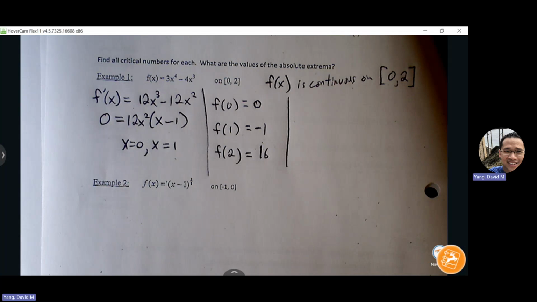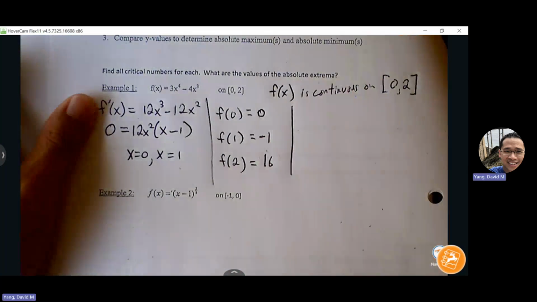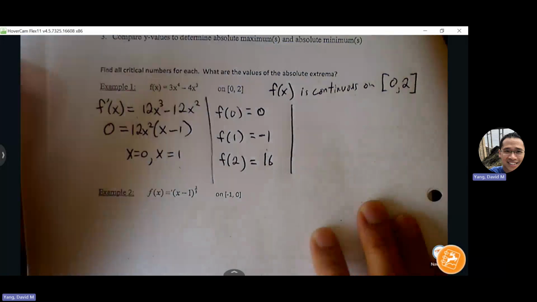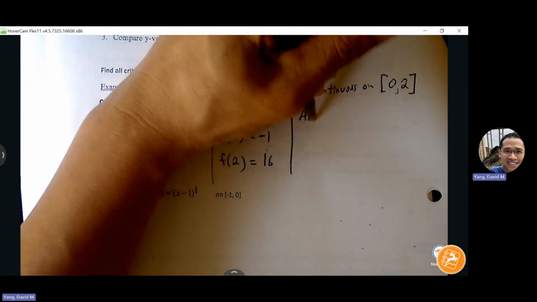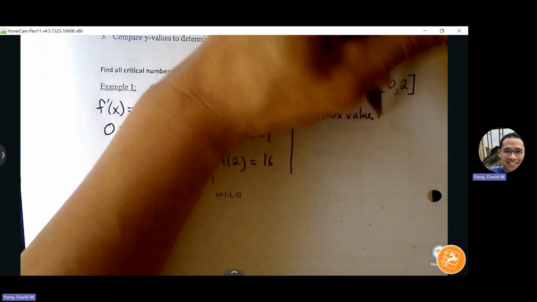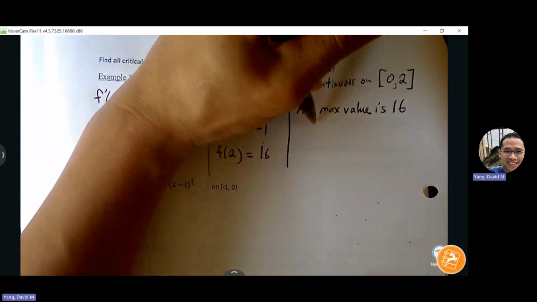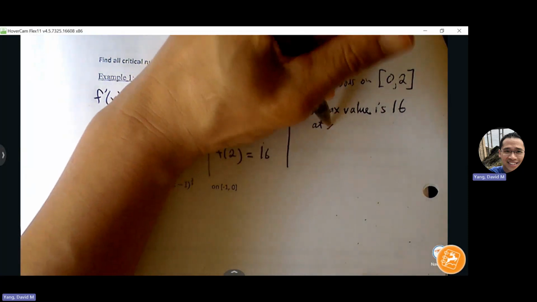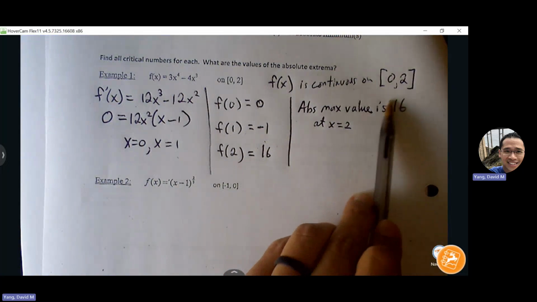So to remind ourselves that it's really the y value that we're after, I want us to write it this way: our absolute maximum value is 16. And then if you want to include the x, you can say at x equals 2. But the more important number is that 16.